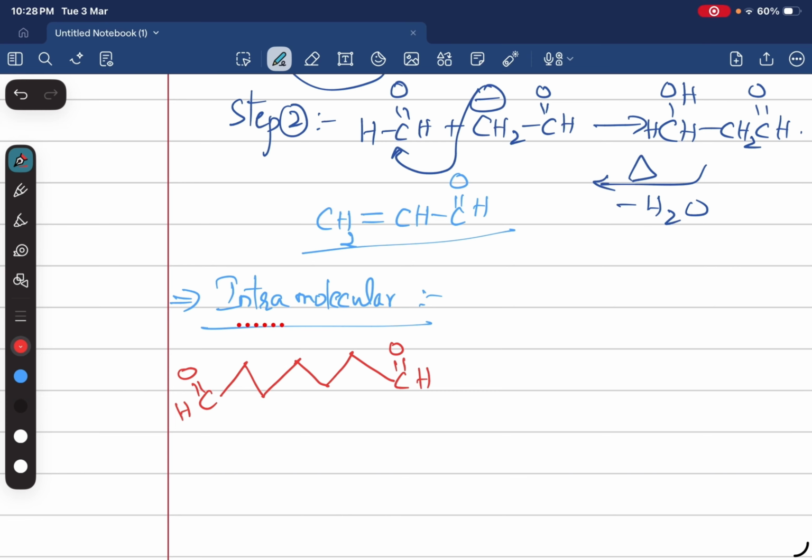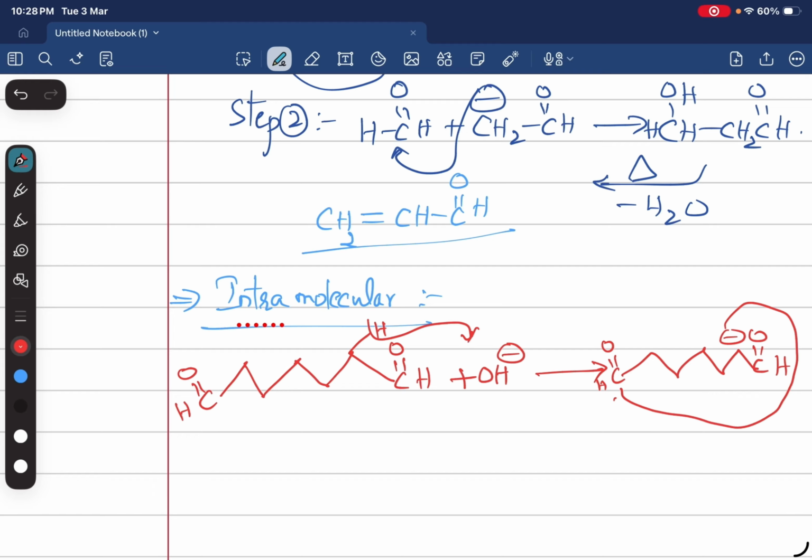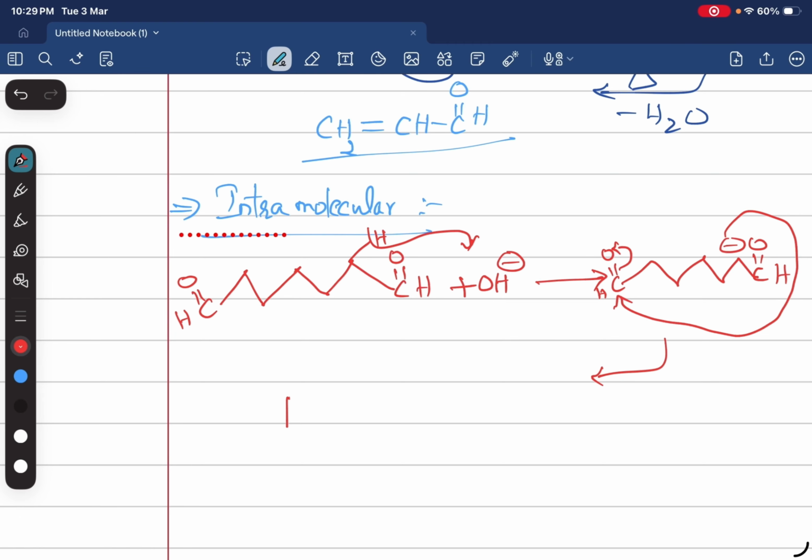So one of the carbonyl's alpha hydrogens is lost with OH minus and gives the enolate ion. So this is the enolate ion we get. That enolate ion attacks this carbonyl group like this. So the reaction will be like this.